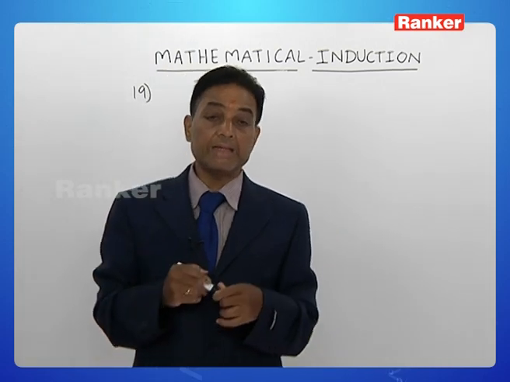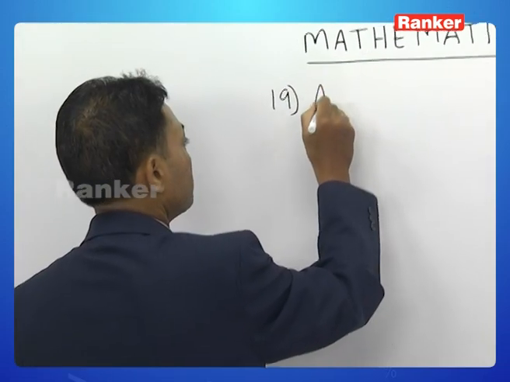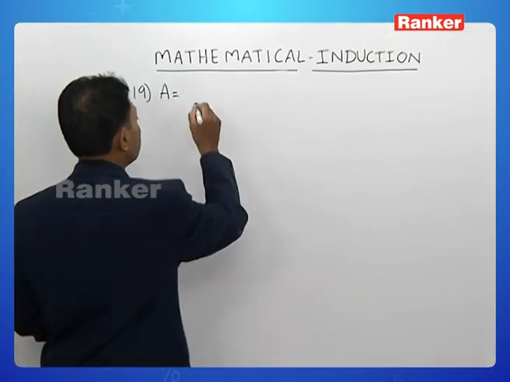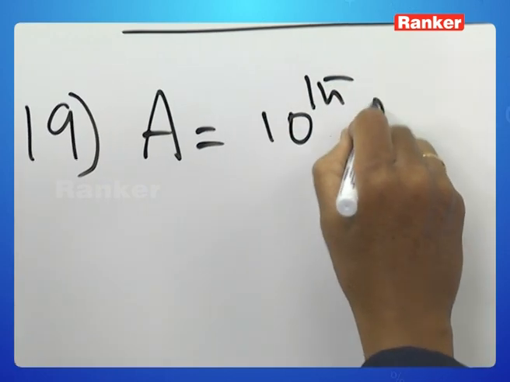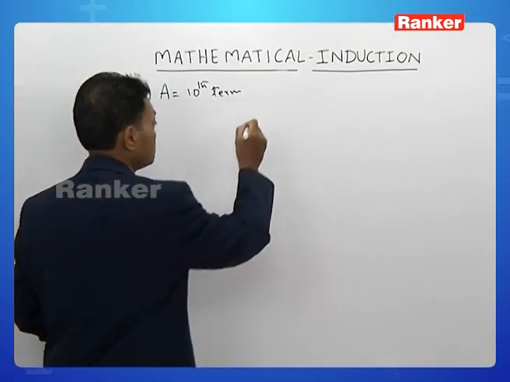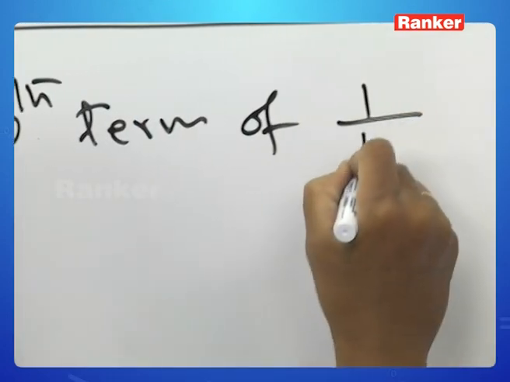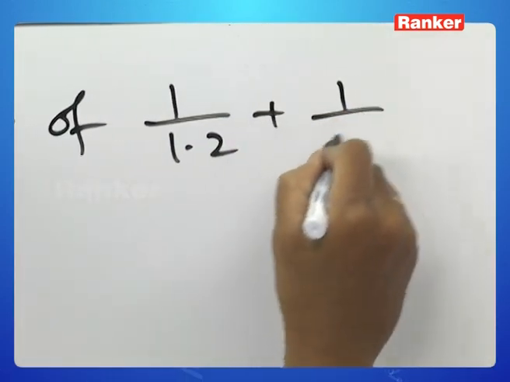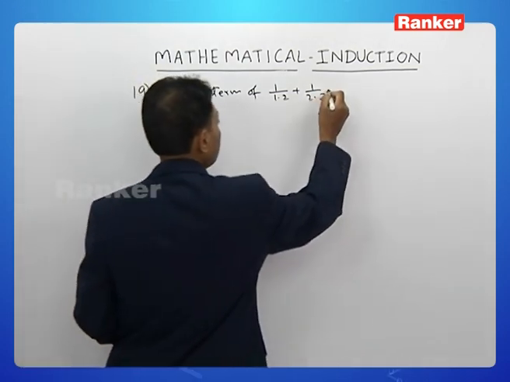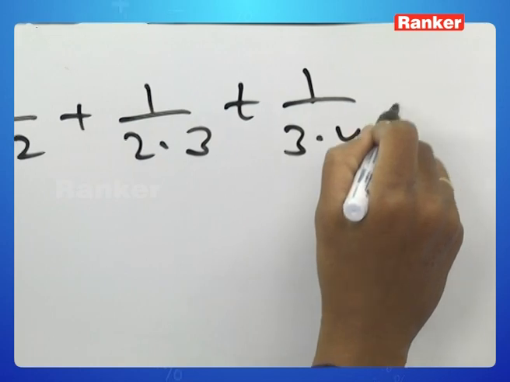Question number 19. First one, A: the 10th term of the series 1 by 1 into 2, 1 by 2 into 3 and 1 by 3 into 4, and so on.